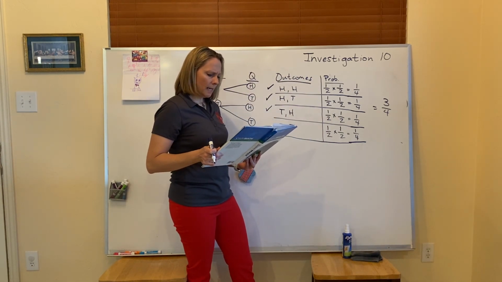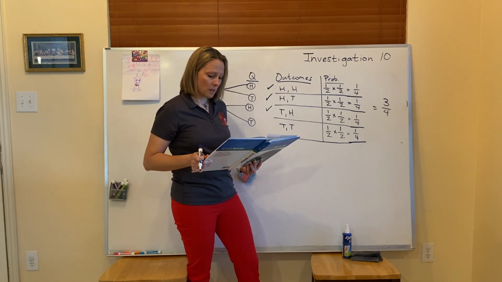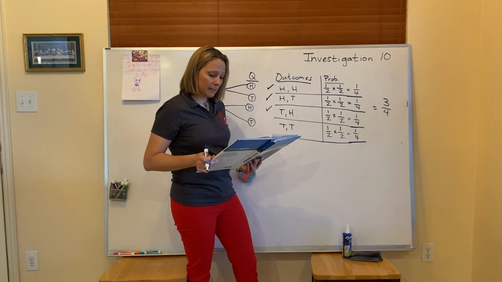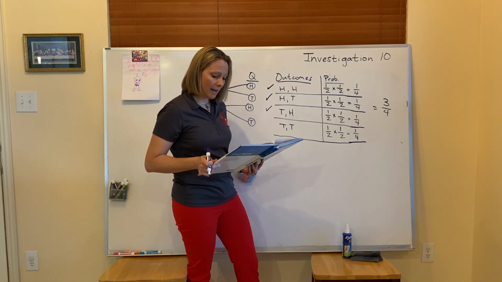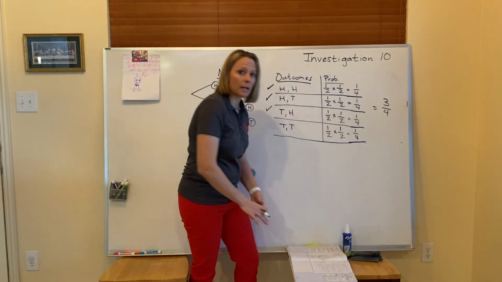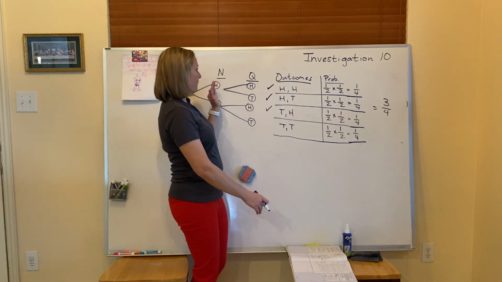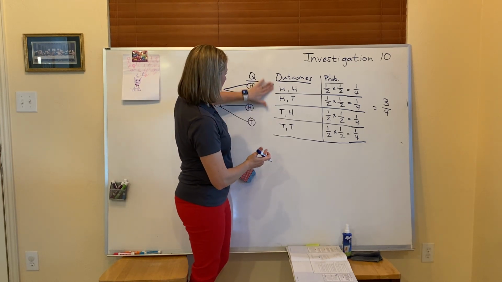Number 14, once again, pause me if you need to. I want you to try to work this out. What is the probability that the nickel shows heads and the quarter shows tails? This one is very specific, right? Our nickel, which is our first, has to show heads, okay?